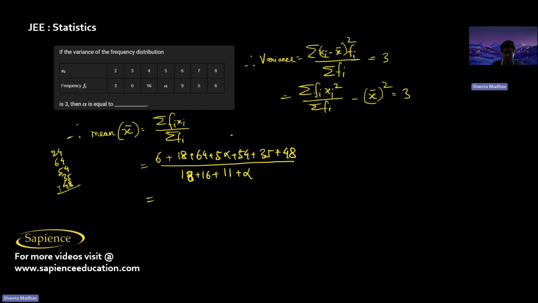So 24 plus 64 plus 54 plus 35 plus 48, that is 225.